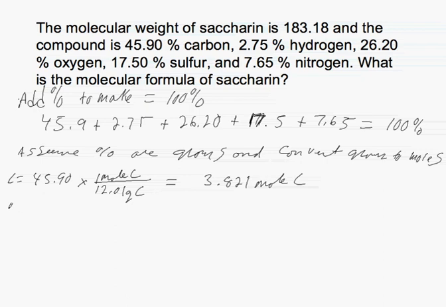And for hydrogen, we have 2.75 grams of hydrogen, and for every 1 mole of hydrogen, we have 1.08 grams of hydrogen, which is equal to 2.728 moles of hydrogen.